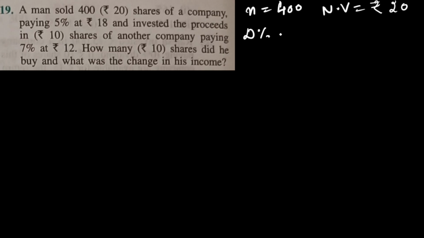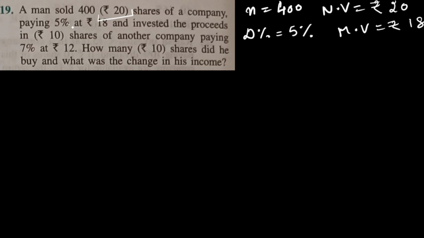dividend. So what is the value of dividend? It's not mentioned, so if nothing is mentioned with this percentage value, that means it's the dividend percent. At 18. At means what? Market value, because at 18 rupees he has purchased it, or whatever is the market price. Always, the first price written with the shares will be the nominal value.